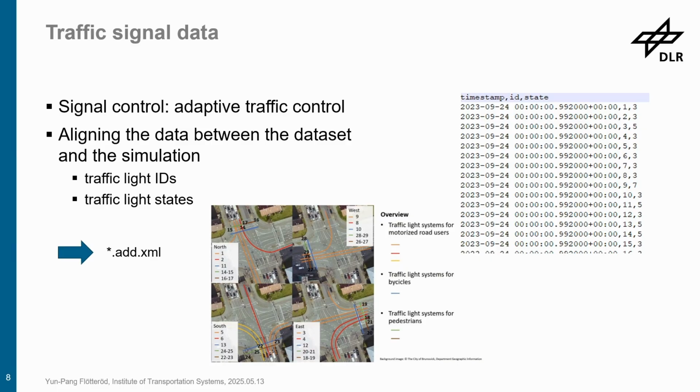I have to emphasize that this intersection features adaptive traffic control, which means the green time duration varies when the traffic flows are different. That's the reason we need to parse this information and fit it to the simulation.